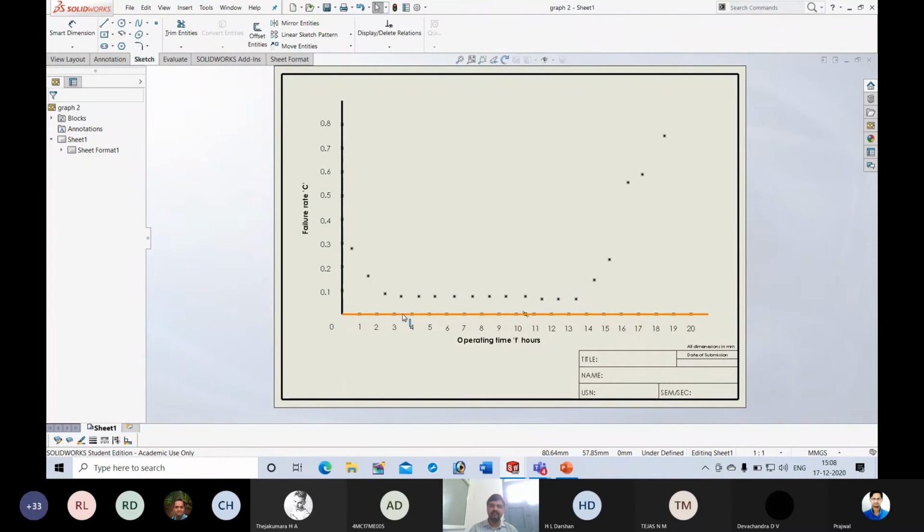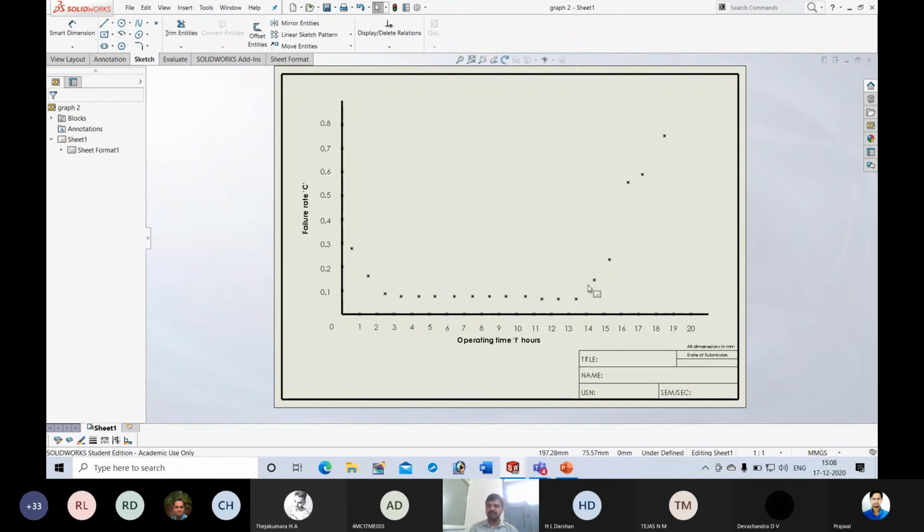Again you consider the midpoint on the x-axis, and on the y-axis 0.088. Next 0.091, next 0.091, like that. Almost these values are nearer to 0.09, so you can see the pattern.